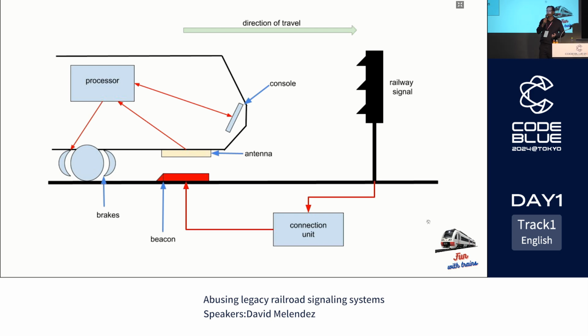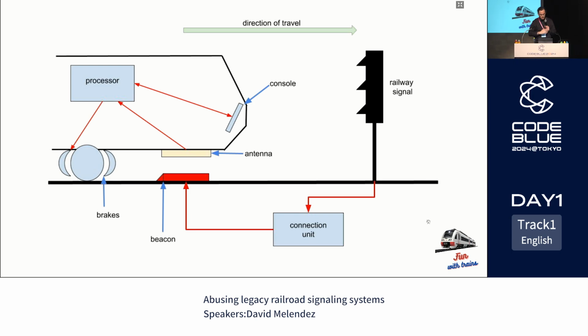We will call it beacon in English. It's a device to transmit, to tell the train the current symbol of the railway signal: red, yellow, green, and so on.